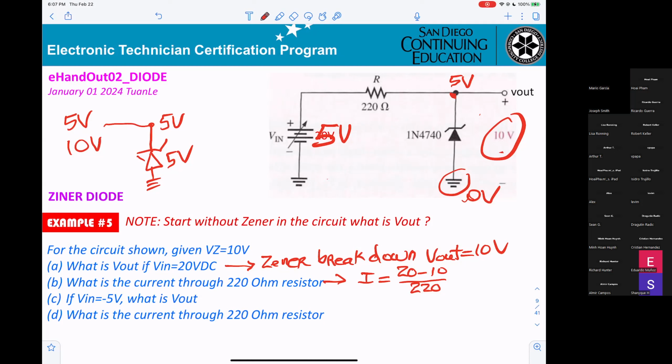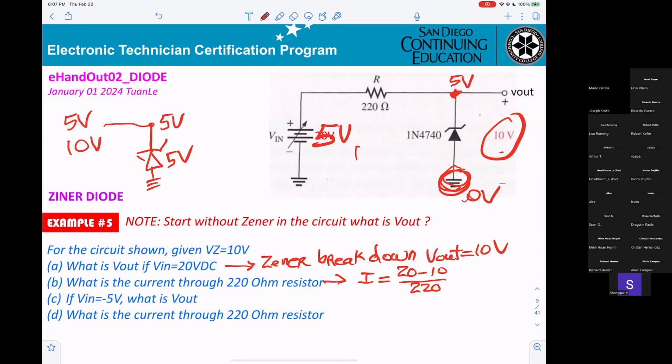My question is, you get 0 right here, you get 5 volt on the other side. Diode on or off? It's off.